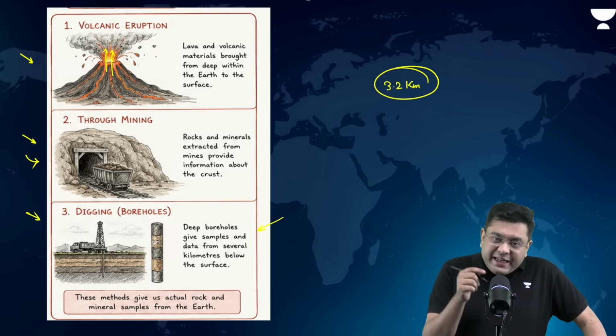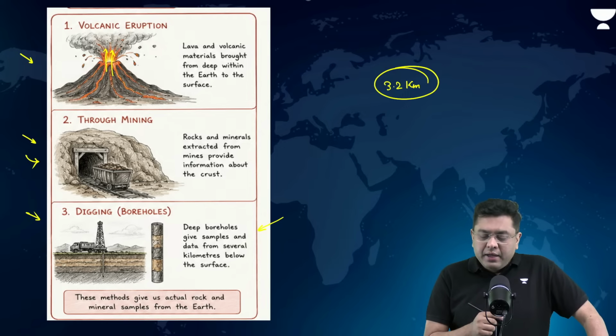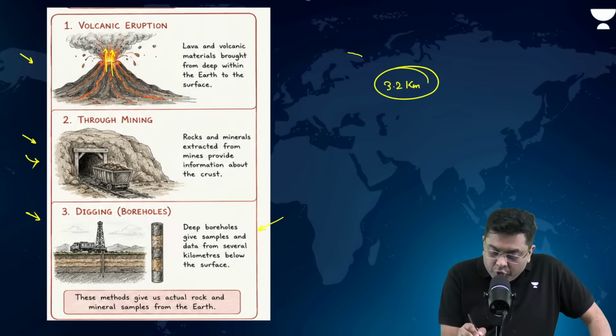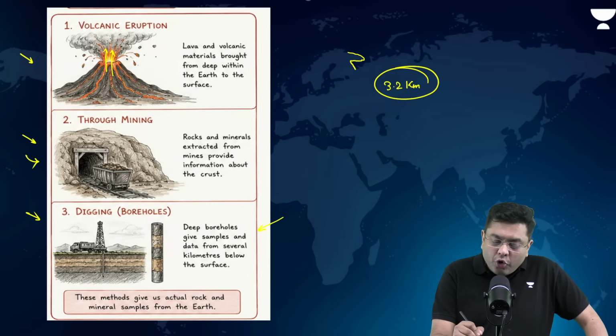But the deepest mine which has been dug was not in the Kolar Gold Fields but elsewhere across the planet. If you are able to see the background image, this portion of planet Earth is known as the Kola Peninsula, near the region of the White Sea. Kola Peninsula.